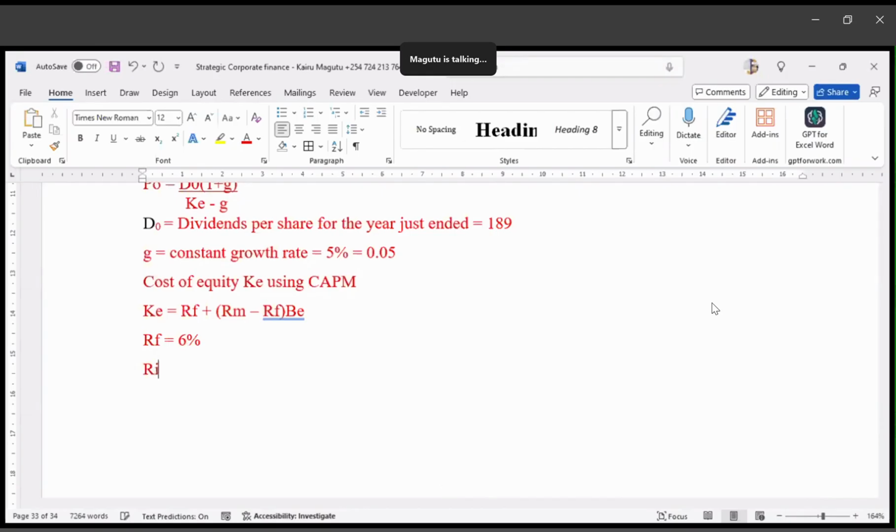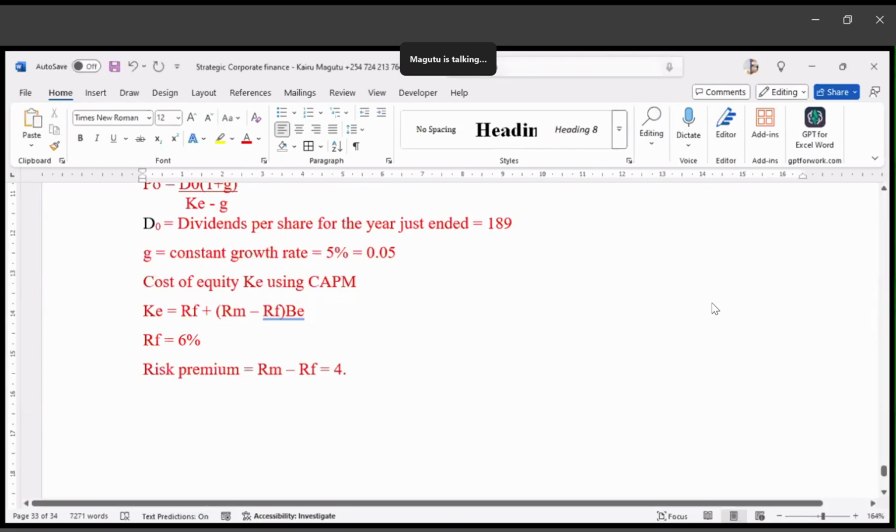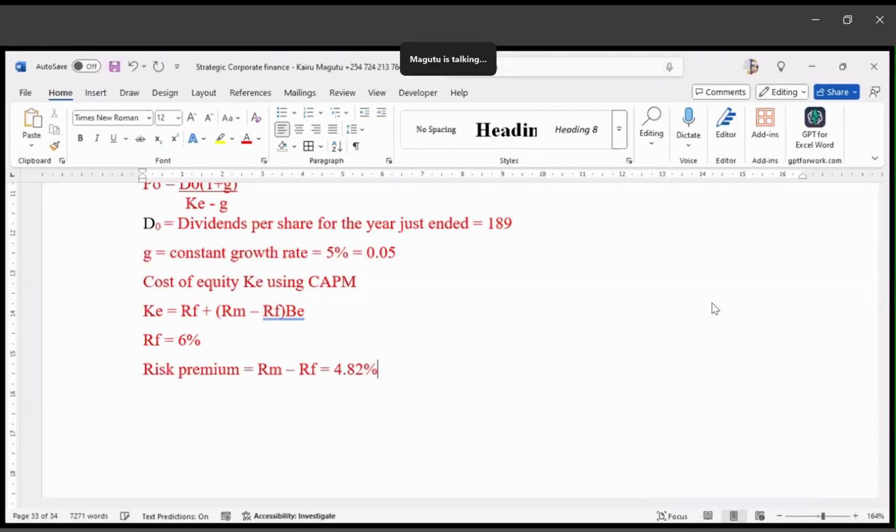The risk premium is equal to the return of the market minus the risk-free rate, and this is equal to 4.82%. So that is the risk premium. What else do we need? The beta factor for equity. Now, do we have the beta factor for equity?